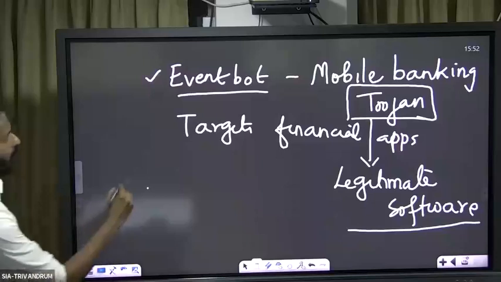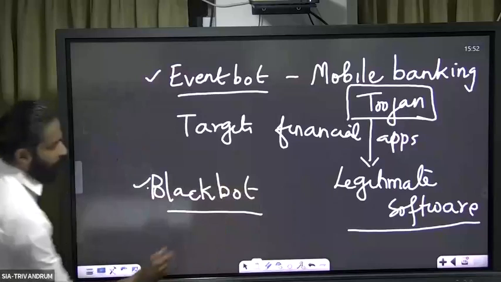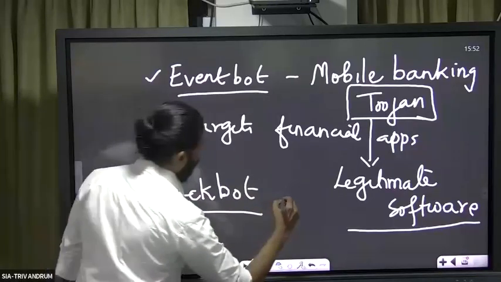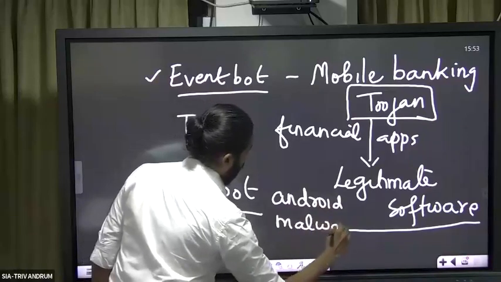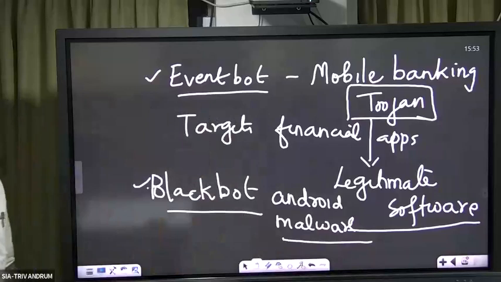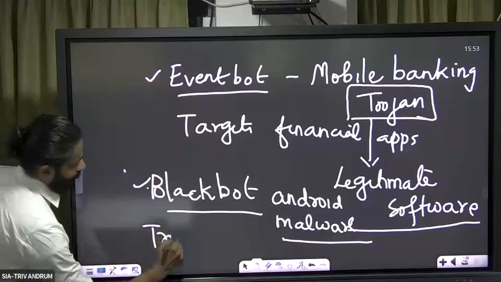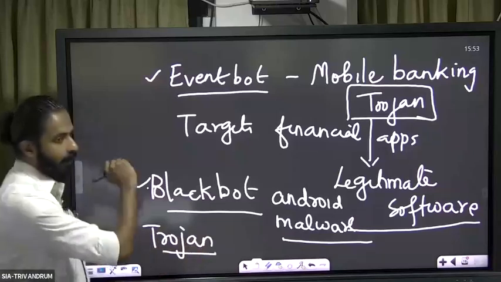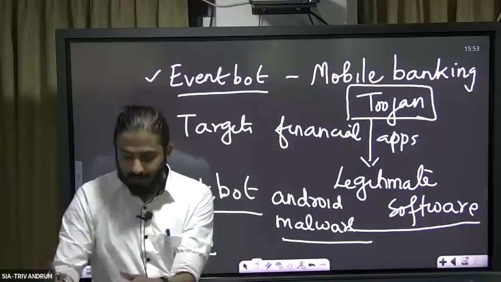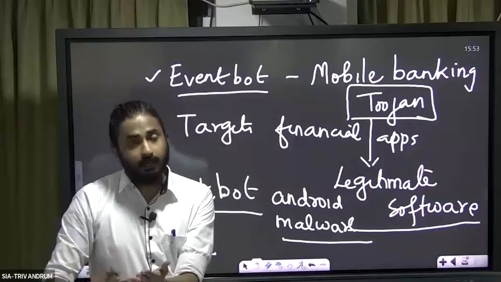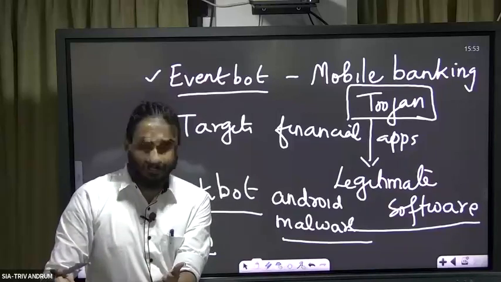Then we have Blackbot, another Trojan. Blackbot is an Android malware. It is also a Trojan, and it targets not just financial apps, but also our communication, social media apps, even the dating apps we use.